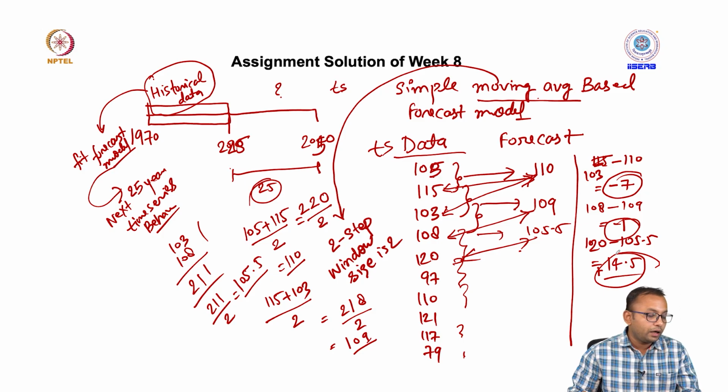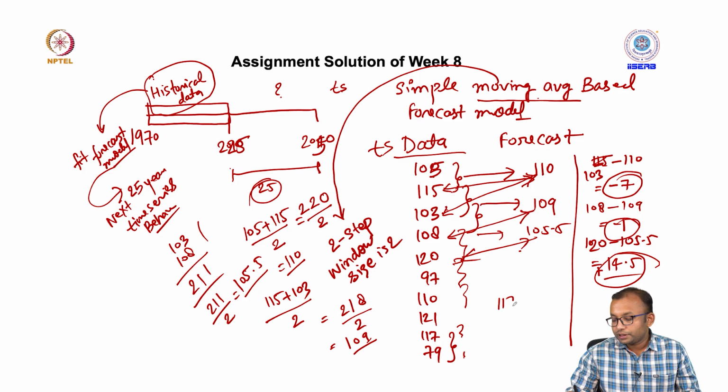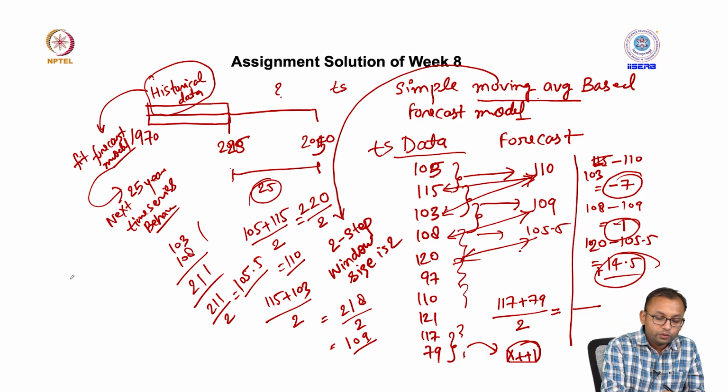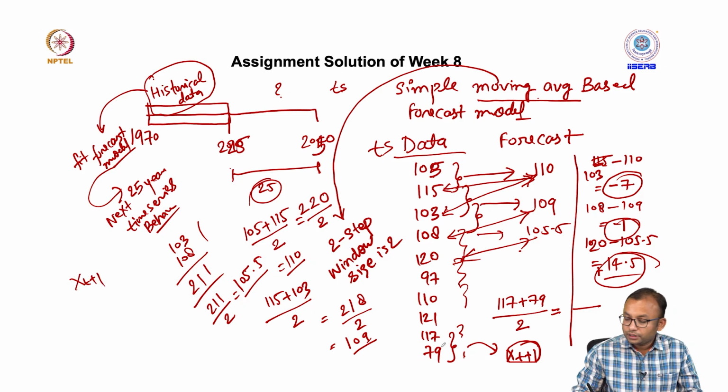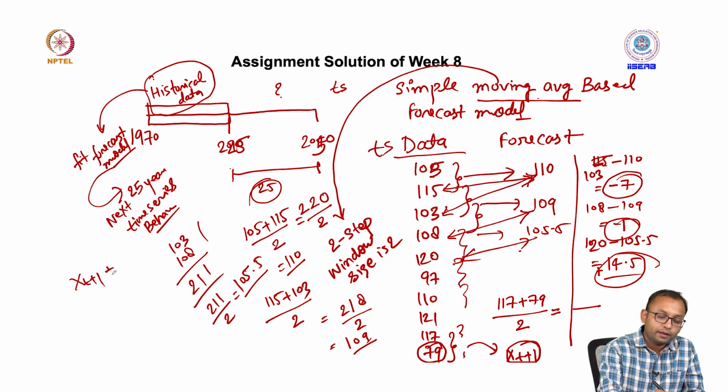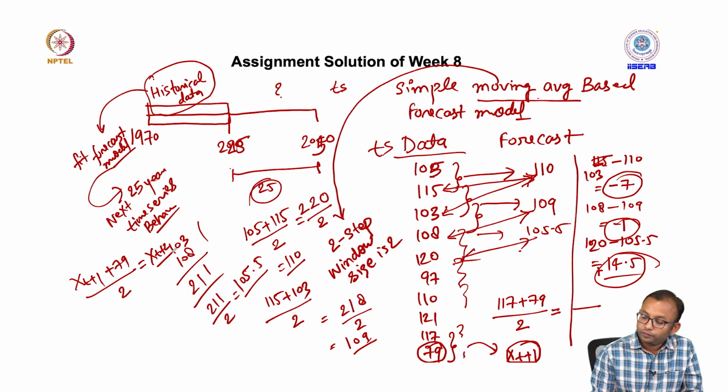Now, what is the next step after this? Let us say you have this value, you can calculate 117 plus 79 divided by 2, that is coming out to be some number, and that would be your forecasted value. Now, you can use x t plus 1 plus 79 value and take the average of this, that would be your x t plus 2, that is another forecasted value.